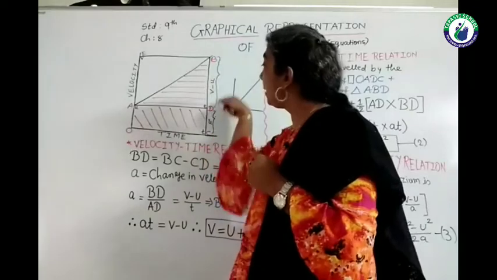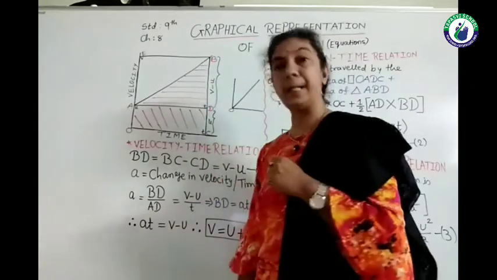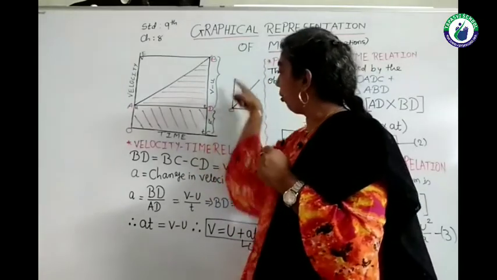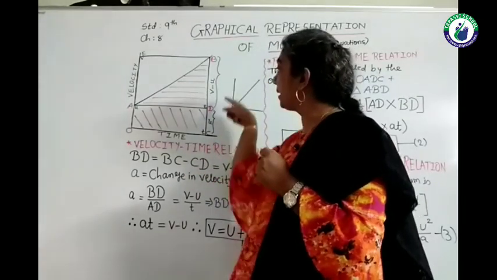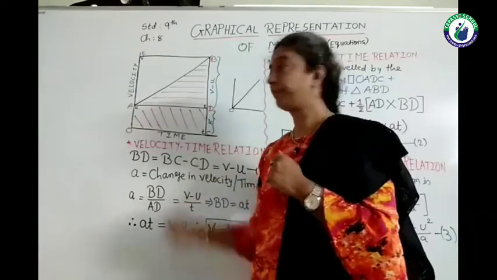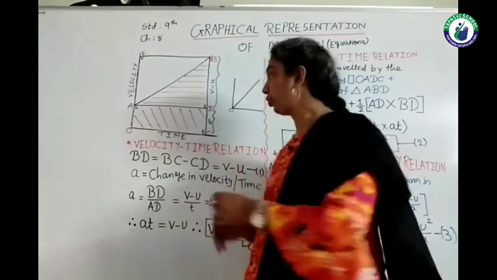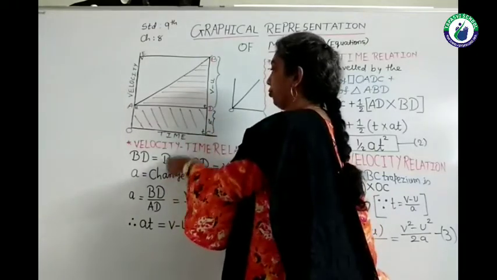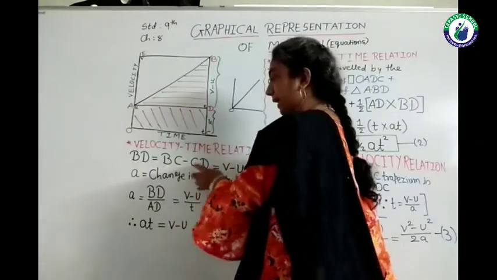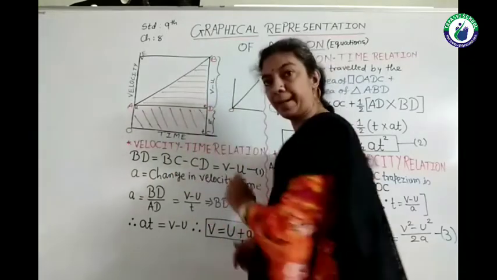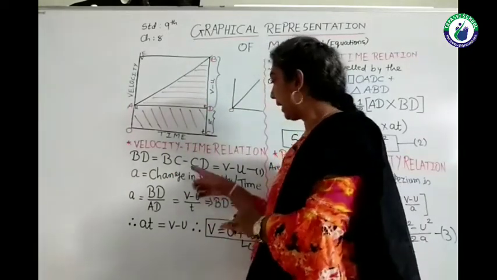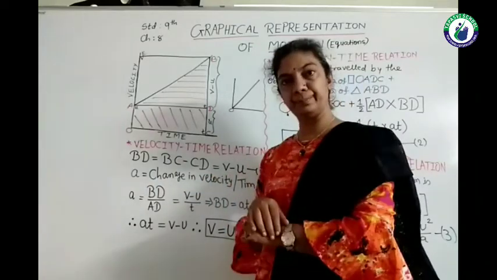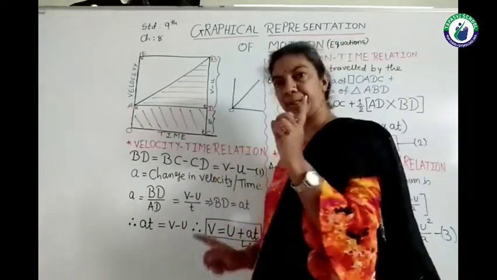Then this part BD is the subtraction of BC minus CD. So BD equals BC minus CD, and I can write BD equals v minus u. That becomes our first expression.